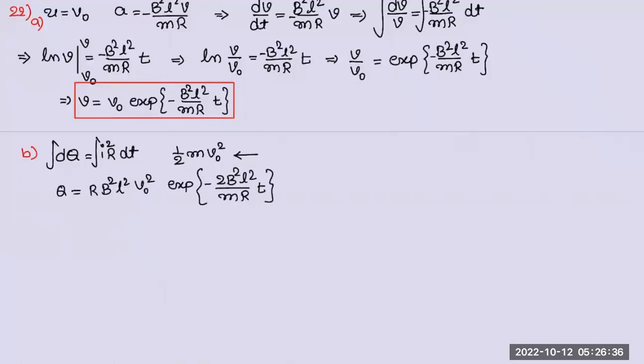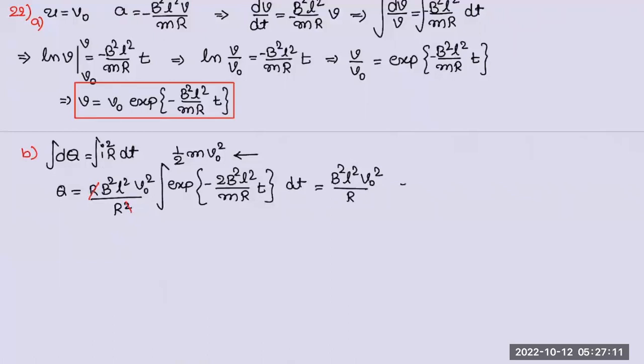Any problem? No, sir. Okay. Wait a minute. V naught square by R. And what I did is that the constants I took out. Only the variable I have. R gets cancelled. That is equal to only this part I'm integrating. What is the value again? B square L square V naught square by R into exponential e power x.